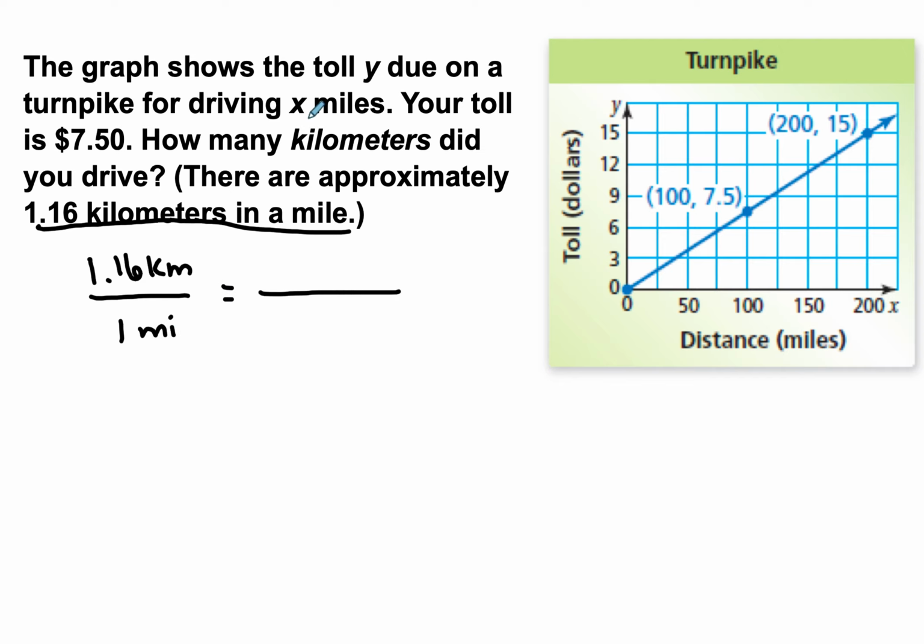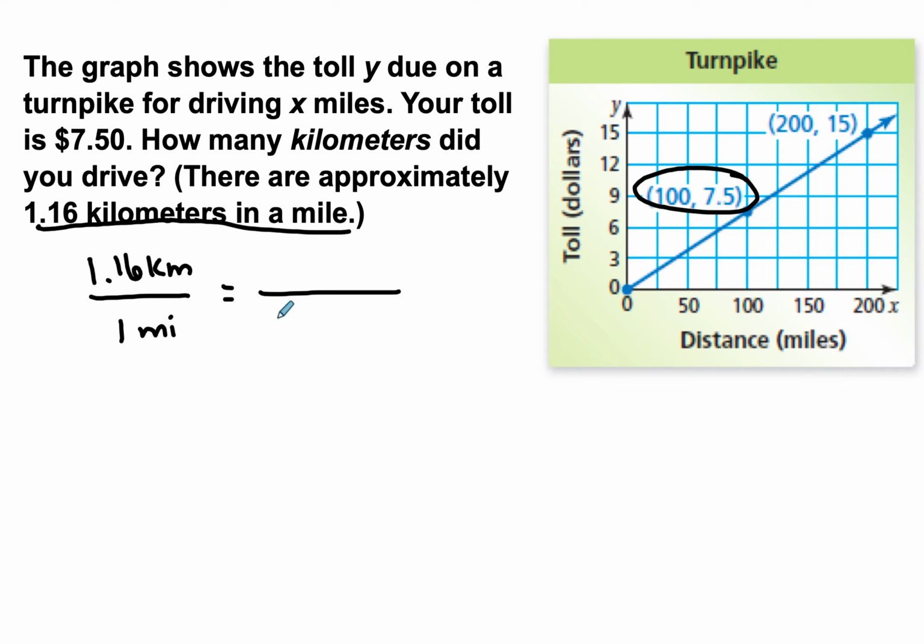Okay, and then it tells us here that x and y is showing how much we paid for a certain number of miles. And it tells us our total is $7.50. So here's $7.50.